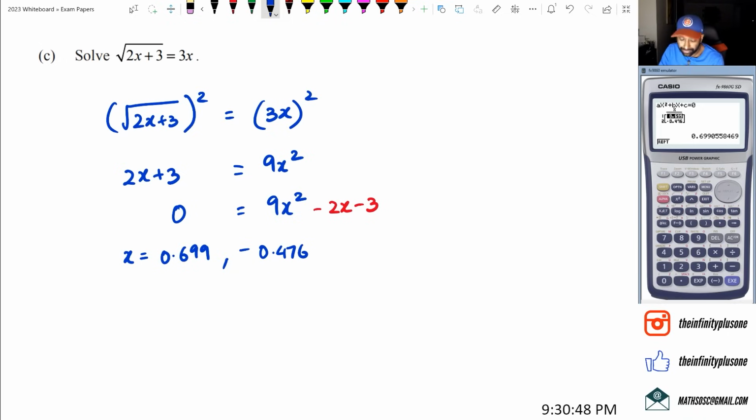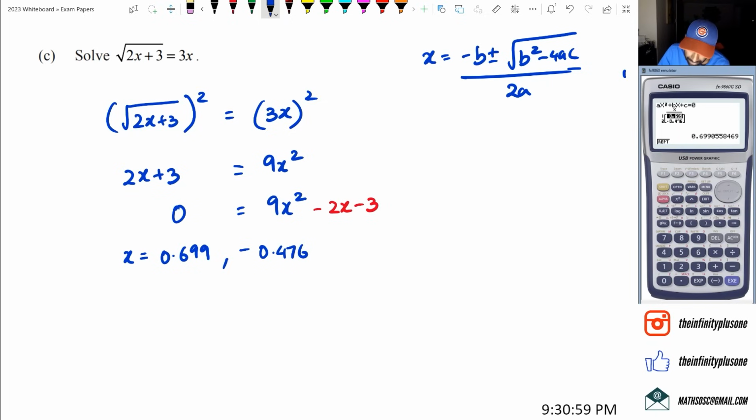Now, if you don't have a graphics calculator, you will have to use the quadratic formula. So you've got x equals minus b plus or minus the square root of b squared minus 4ac, over 2a. You've got a equal to 9, b equals minus 2, c equals minus 3.